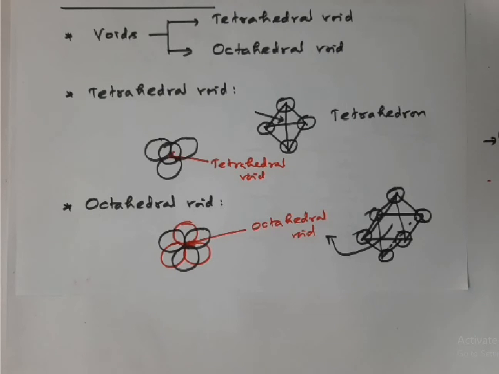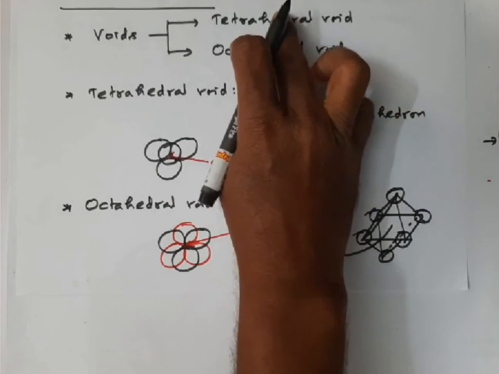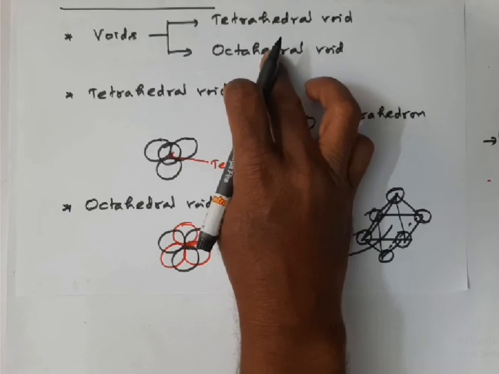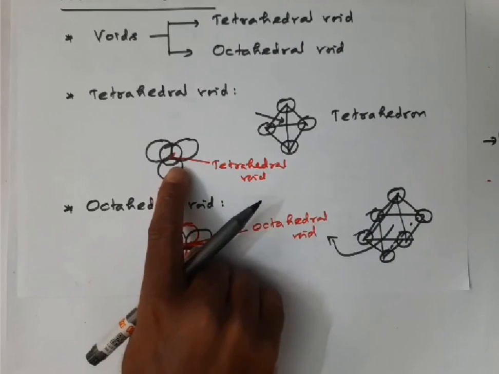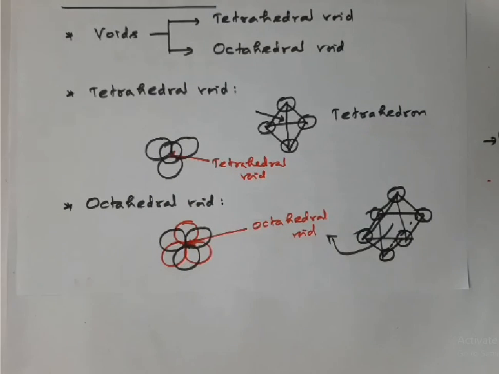Are you able to follow? So, in a crystal we have 2 types of voids, tetrahedral void and octahedral void. This is how a tetrahedral void is formed, and this is how octahedral voids are formed.